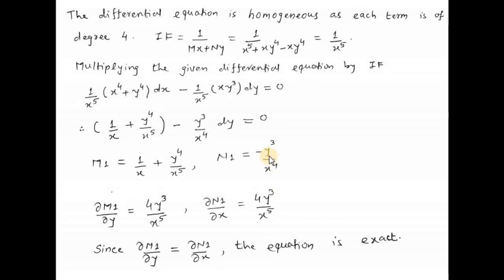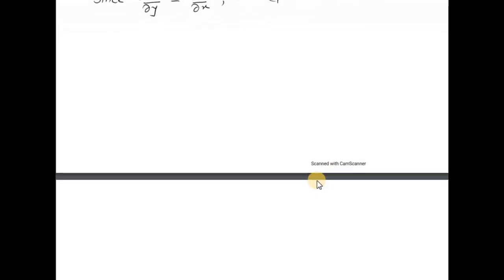Minus y cube stays as it is, and we take the derivative of x raised to minus 4 with respect to x, which is minus 4 into x raised to minus 5. So it can be written as 4y cube divided by x raised to 5. As you can see, del M1 divided by del y is equal to del N1 divided by del x. So the equation is exact.